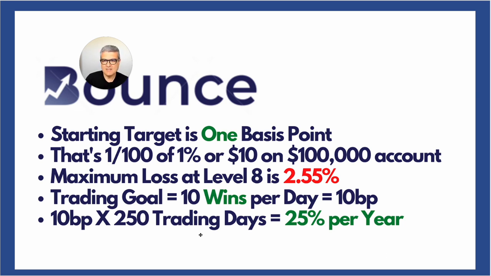So on a $100,000 account, we're only losing $2,500 if we trade this small. And our goal, which is what we try to achieve every single day, is to have at least 10 wins per day, which brings us to about 1/10 of 1%. And on a 250-day trading schedule, that's 25% a year.